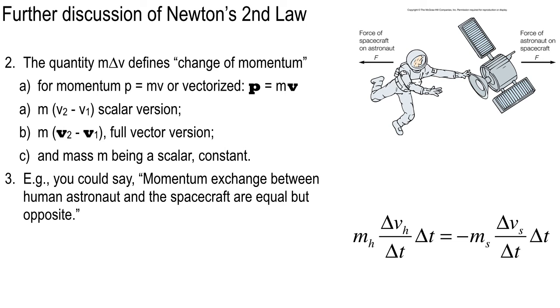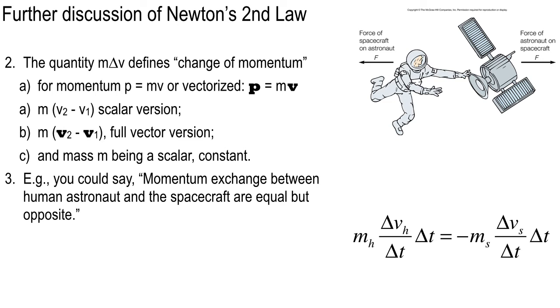Okay? And that tells you that there's this quantity called momentum. If it has this formula, mv, then the leftovers after you cancel the delta t's is going to be a change in the momentum. Now, if the mass of the spacecraft doesn't change and the mass of the astronaut doesn't change, then your equation is basically delta P for the human equals minus delta P for the spacecraft.